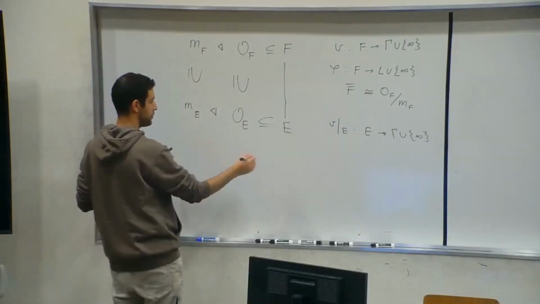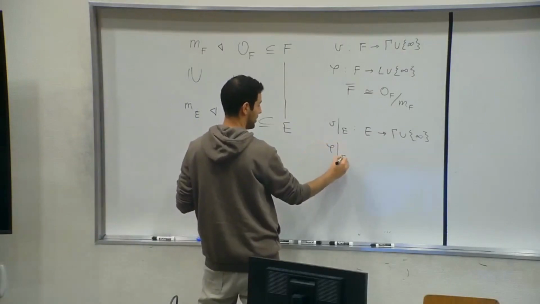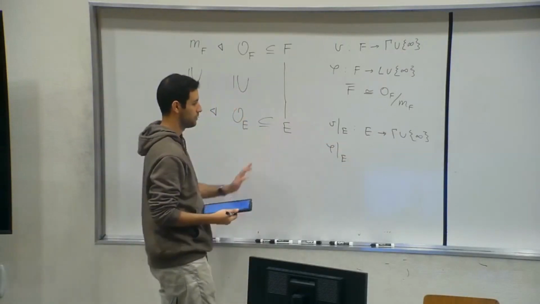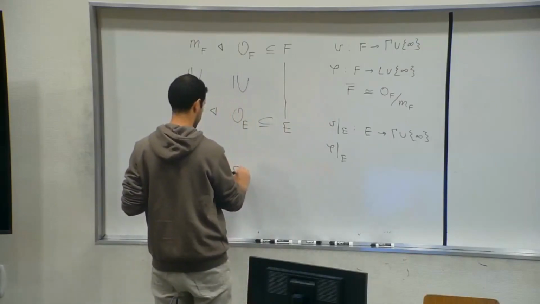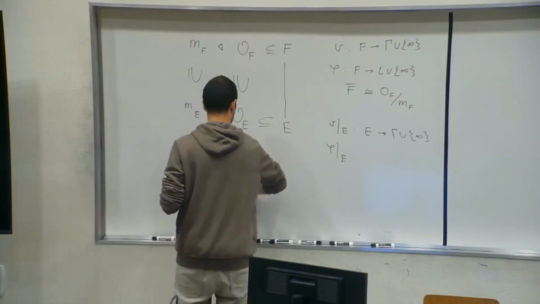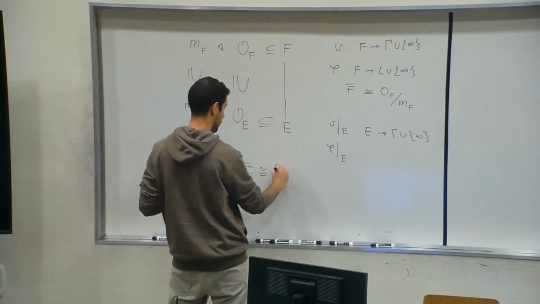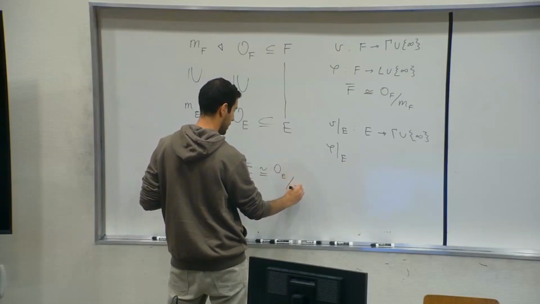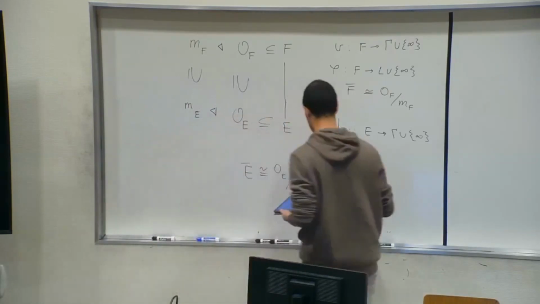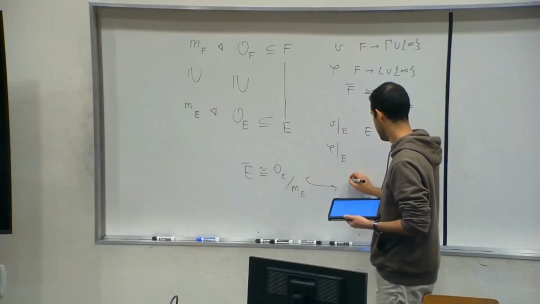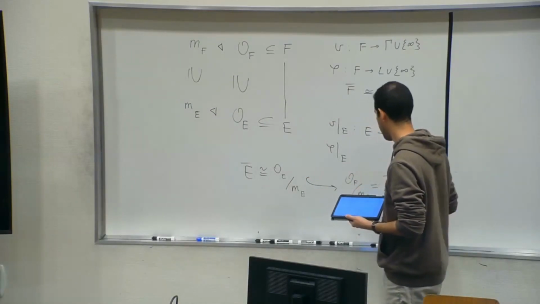And what can you say about the residue field of this? The place is just a restriction of phi to E. So in the same way, what is E bar? You saw in lecture that it's isomorphic to O_E mod M_E, and this can be embedded in O_F mod M_F, which is F bar.